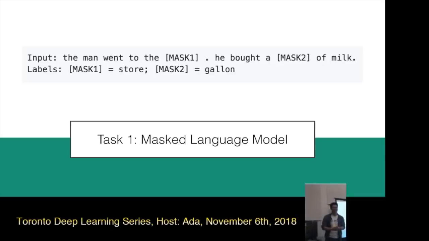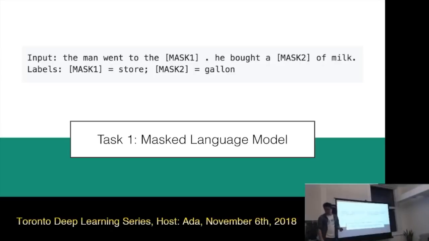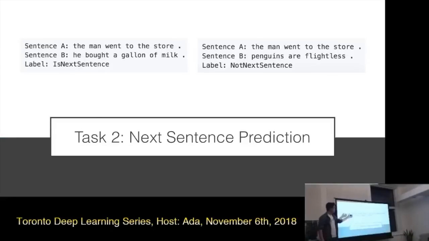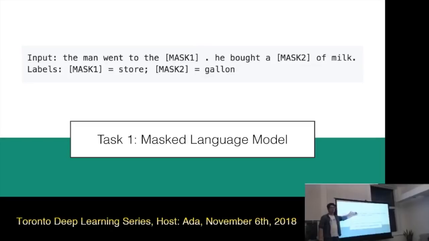Let's move on. So the idea is that it's great, it learns representations of words and sentences, but it doesn't understand the relationships between sentences themselves, which is very important for a natural language understanding model.